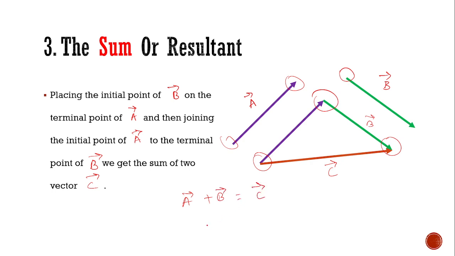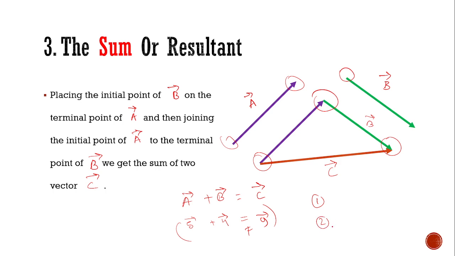Now if the value of A is 5 and the value of B is 4, the sum may or may not be 9. That is what we discussed before. In the case of vector addition, we have to know about two types of law. One is the triangular law, another is the parallelogram law.